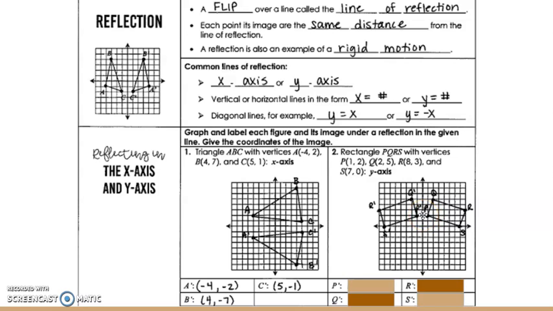To get P prime, we're doing it 1 unit in the opposite direction. To get Q, we did 2 units. To get Q prime, we're doing it 2 units in the opposite direction. That same process is going to keep happening for R and S. And then once we have our graph, we can figure out what the new ordered pairs are for our image.